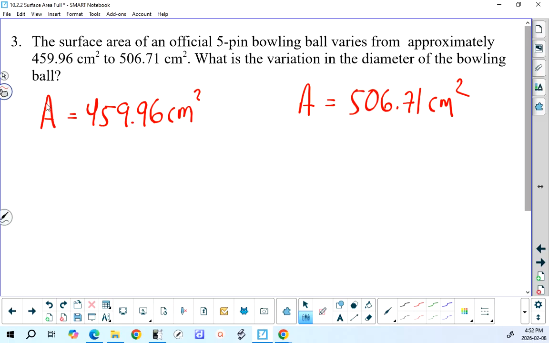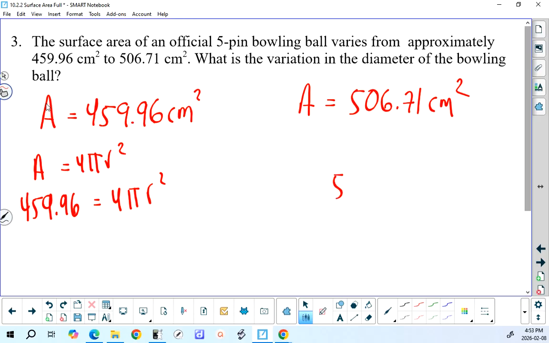Well, I've already explained to you how to find radius from surface area for a sphere. You use the formula A equals 4 pi r squared. You put in the surface area. I'm going to do that over here as well. 506.71 equals 4 pi r squared.